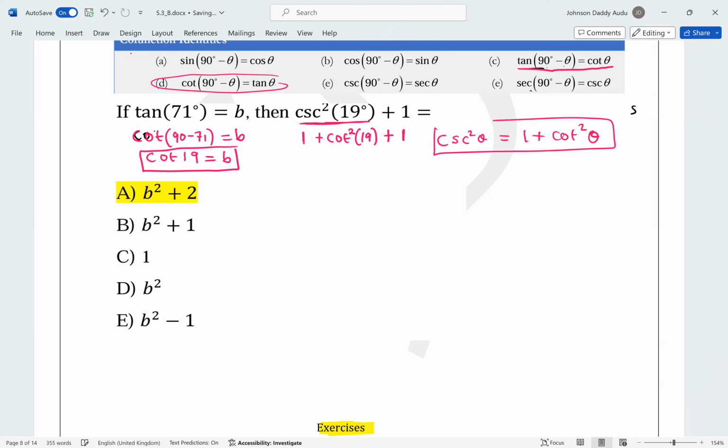This means that this will become cotan squared 19 plus 2, because 1 plus 1. But cotan 19 is B, so this is just B squared plus 2. So this is an application of co-function identity.